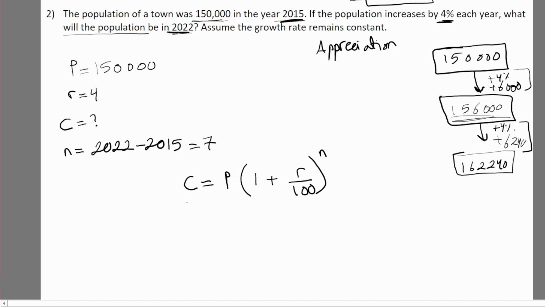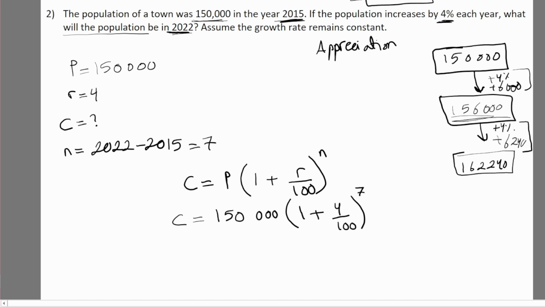And the current right now is unknown, which is in 2022. We want to know it. The previous or the principal is 150,000 multiplied by 1 plus 4 over 100 to the power of n, which is 7. So this is fairly straightforward.